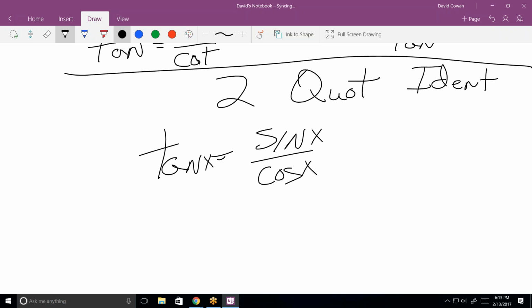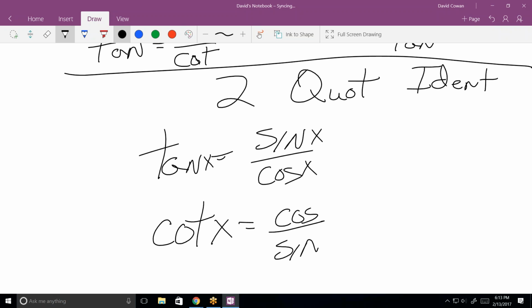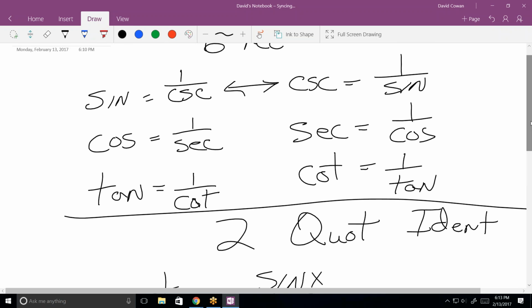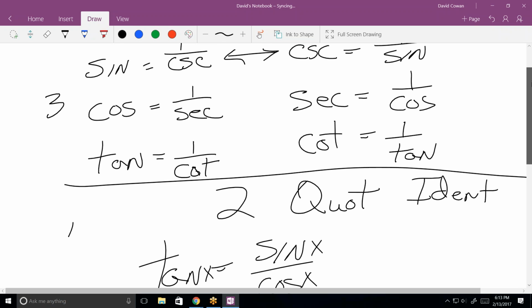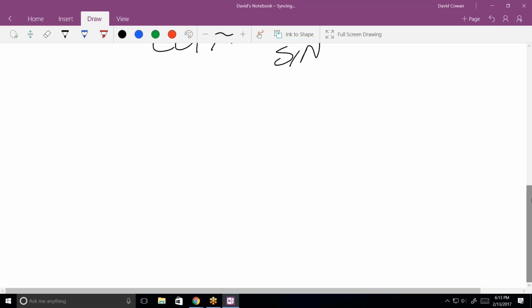The other quotient identity is cotangent, which you don't have to memorize if you know tangent. That's cosine over sine. So far we've had to memorize 3 things up top and only one of the quotient identities, and we already know 8 of the 11 identities.